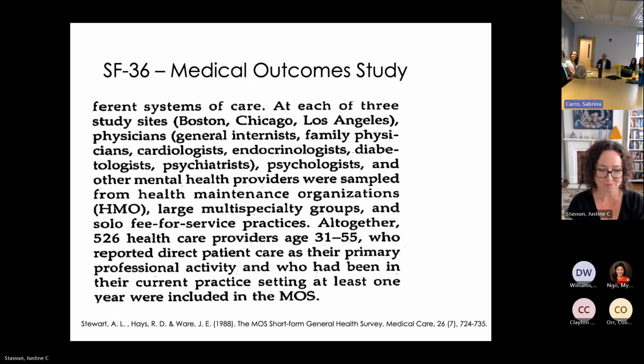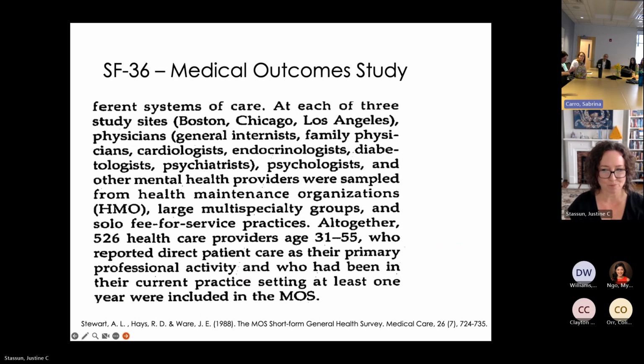That also happens to be the case for most of the major measures that we're familiar with, like the SF-36, where the description of the original development was a bunch of internists, family physicians, cardiologists, psychiatrists, psychologists, who sat around and decided what constituted health-related quality of life, right? So I don't think we often think enough about that step, but who decided what this thing is? Who gets to define what this phenomenon really is?